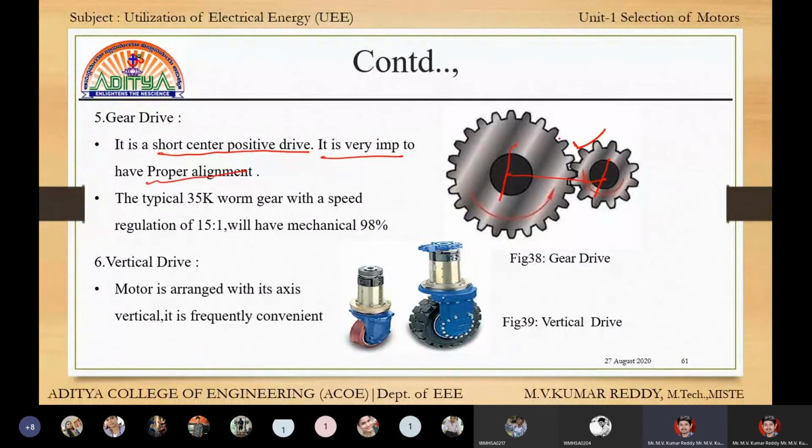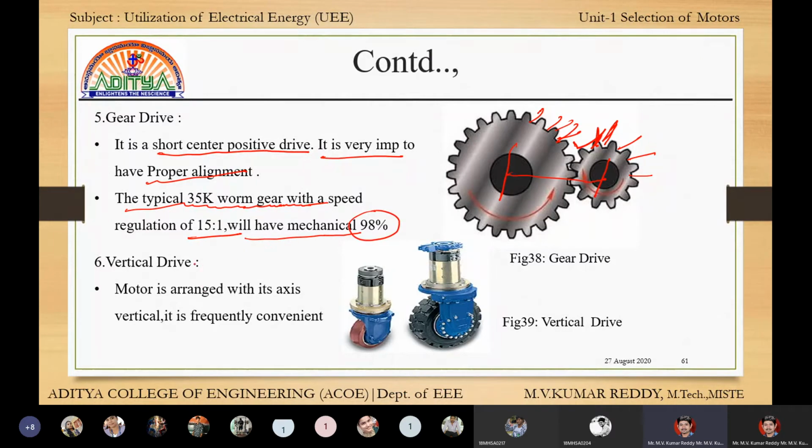That means these teeth and gaps should be perfectly matched to the other teeth and gaps. Otherwise, this may break quickly. A typical 35 kilowatt gear with a speed ratio of 15:1 will have mechanical efficiency up to 98%.